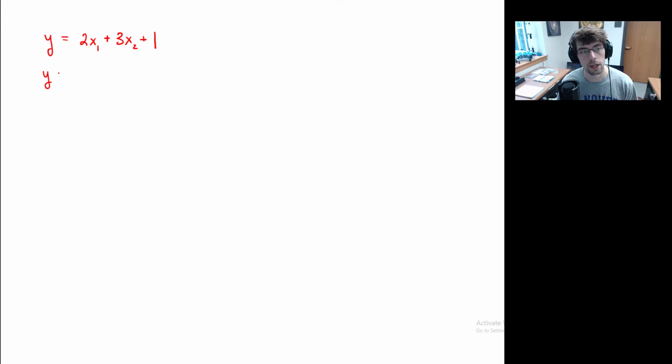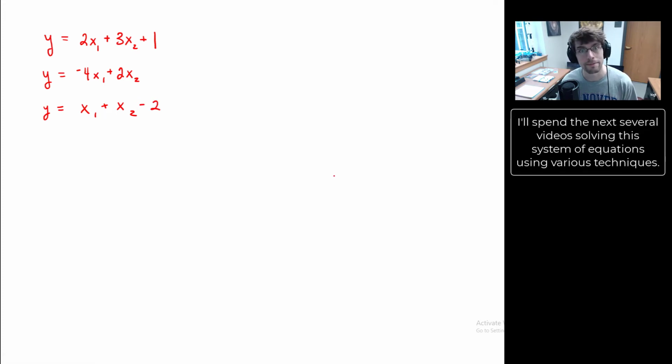And we'll go ahead and write down 2 more here. We'll say negative 4x1 plus 2x2. Okay. And the last one we'll say is y is equal to, we'll just call it x1 plus x2. And we'll throw in a minus sign there.